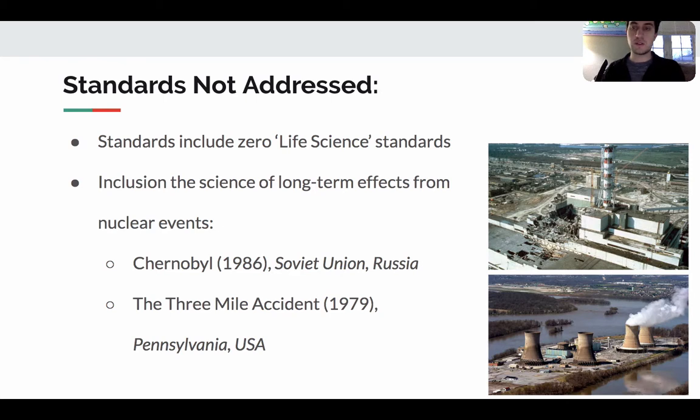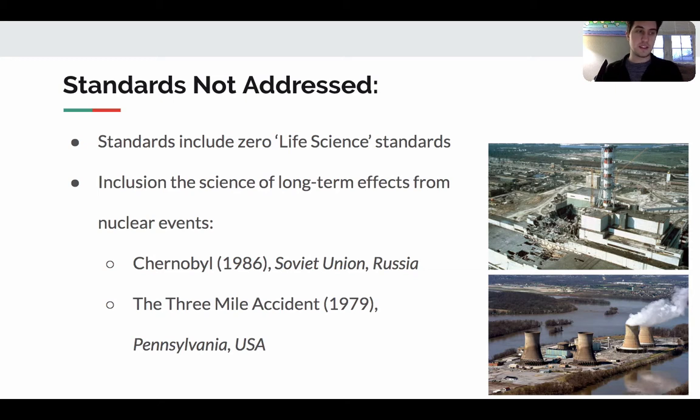I want to include more relevant information about what's happened with radioactive material, which includes Chernobyl and the Three Mile Island accidents, which are two radioactive explosions I'm a little more familiar with. I know there's the one that happened recently in Japan, but I just wanted to first focus on these two for my own level of comfort.